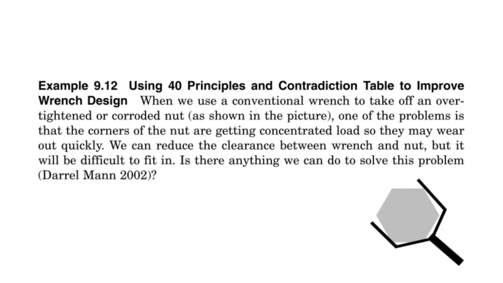Let's see a concrete example. Suppose you are going to take off a nut using a wrench. The problem here is that the area of the nut gets a concentrated load, such that the nut will wear out quickly. Is there anything we can do to solve this problem?